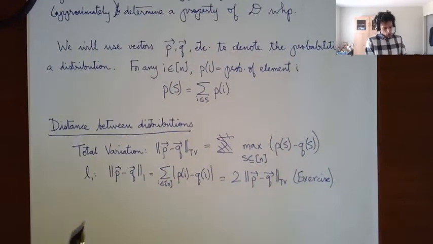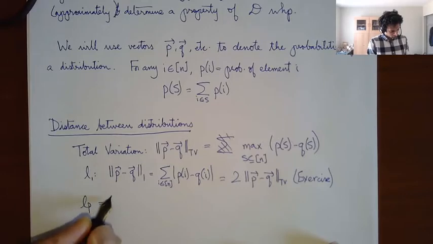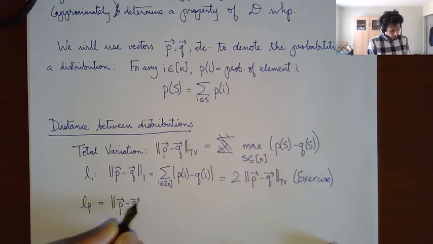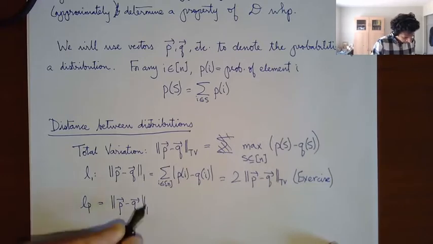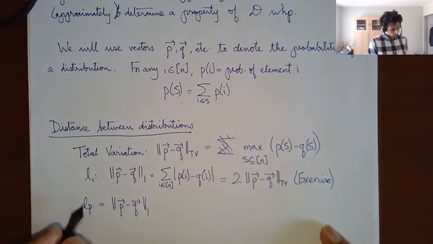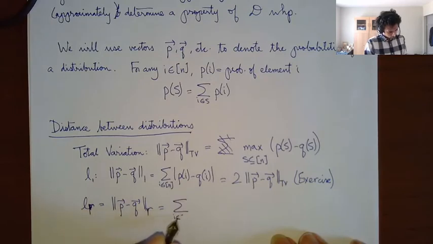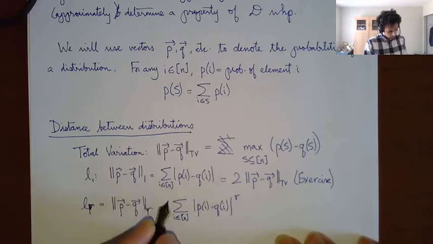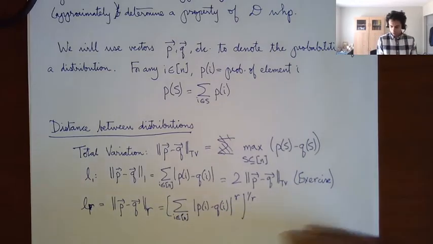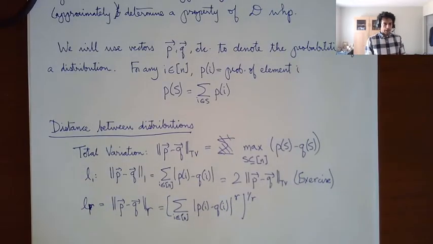Note that there, of course, are other norms that you can use. You can use any LP norm, and P is unfortunately overloaded here, so I'll say any LR norm, which would be the summation over I in N of the absolute value of P of I minus Q of I to the R, and the entire thing to the 1 over R power. There's also KL divergence, which is a different notion of distance.